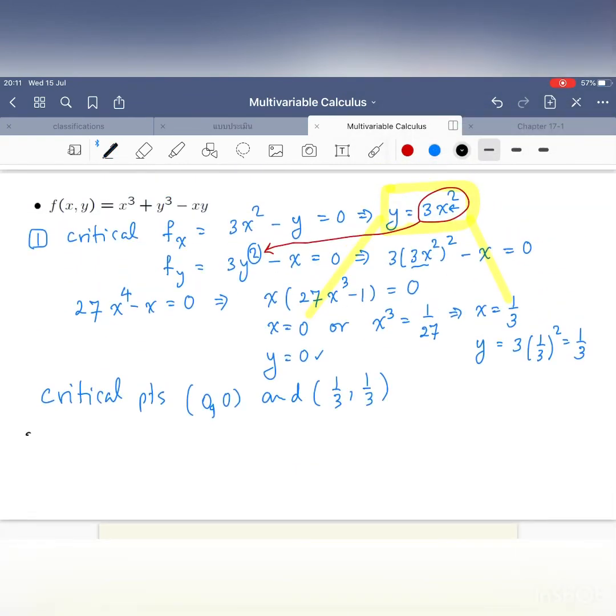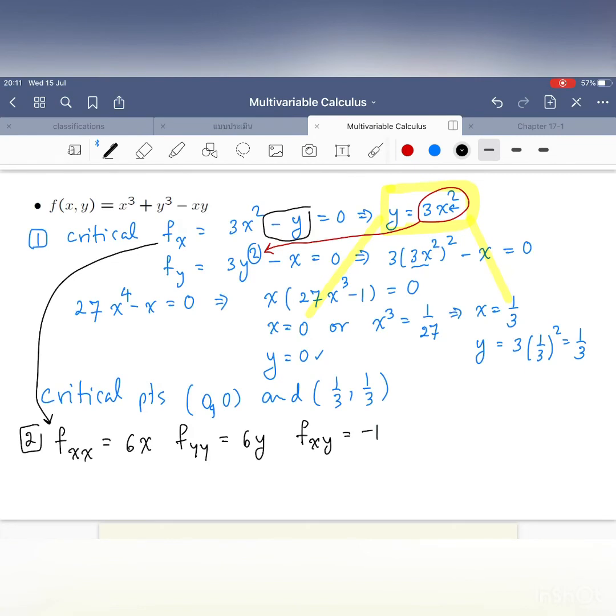All right, then you are going to do the test. Okay, so f sub xx, which is, I mean, be careful with that one. So you have a 6x, f sub yy, you have a 6y, and f sub xy, which is -1. You see, only this one survives, right?